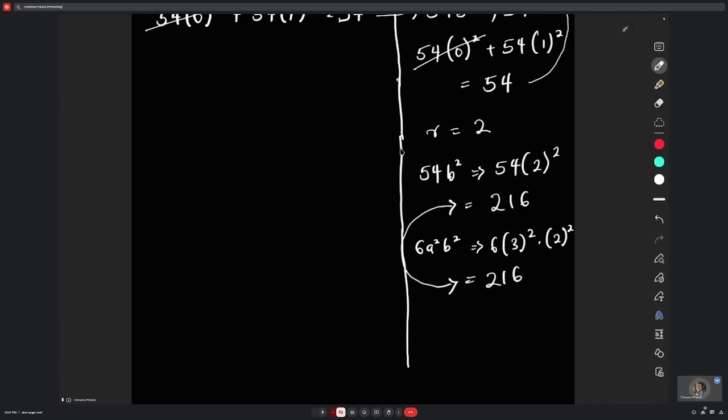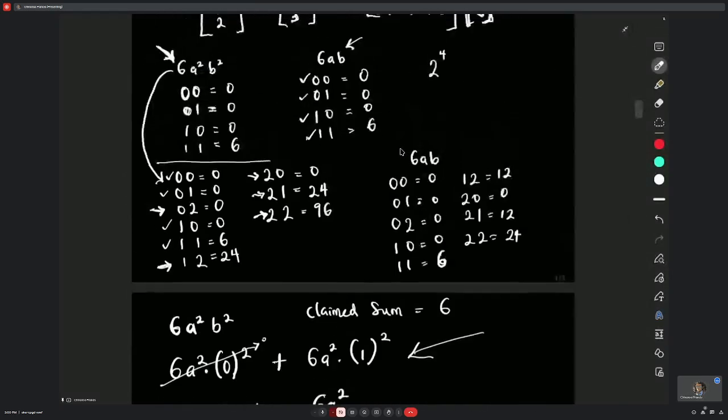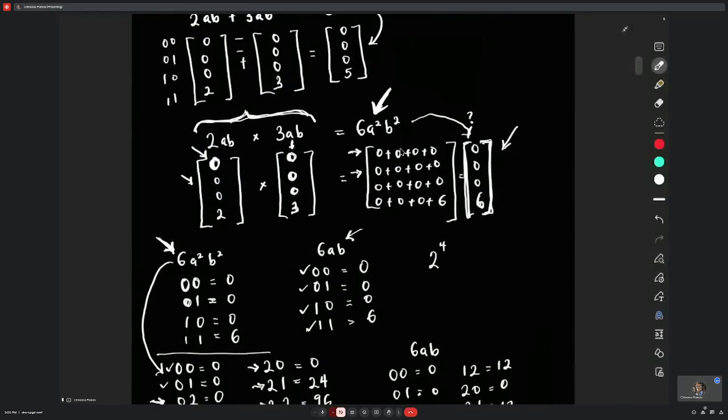I didn't get the question. Okay, so he was asking, when we were doing this example, we said that using the Boolean hypercube is not sufficient to represent this polynomial, right?